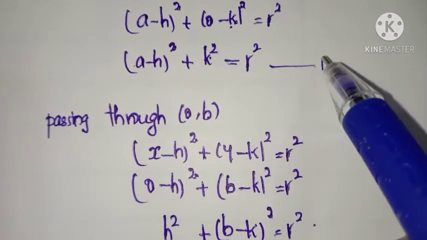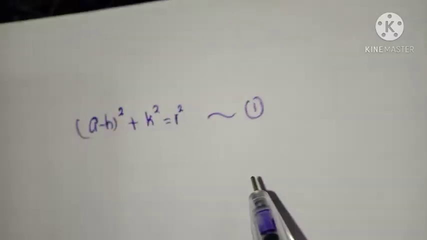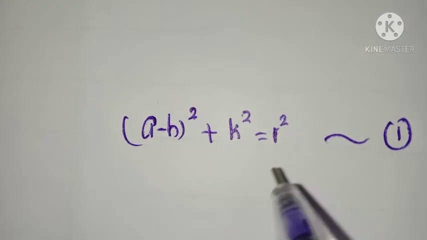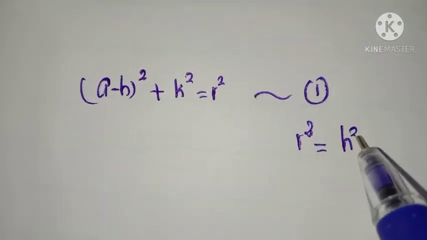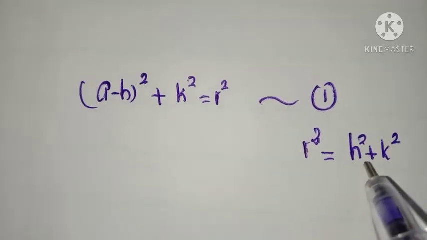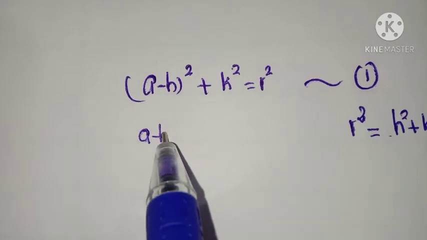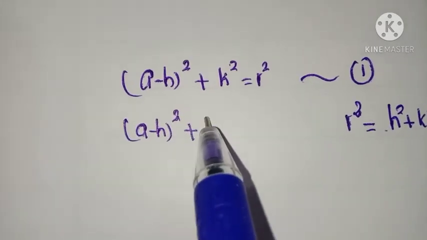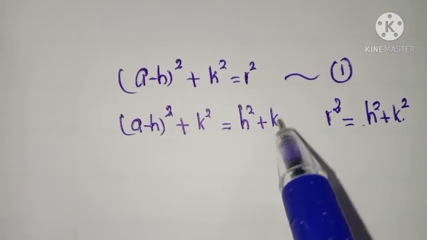Now look at these two equations, equation 1 and equation 2. Now in equation number 1, we already proved r square equals h square plus k square. Put this value here. So this becomes (a minus h) the whole square plus k square equal to h square plus k square.